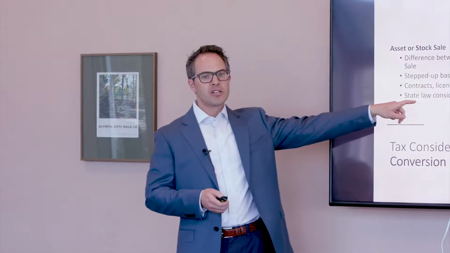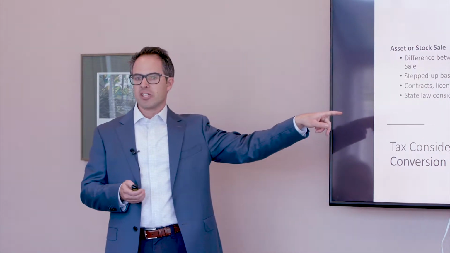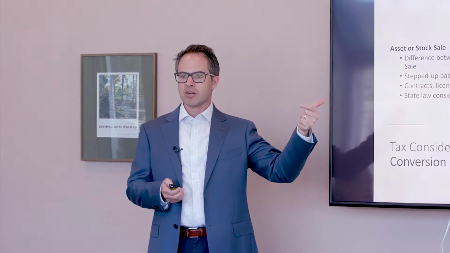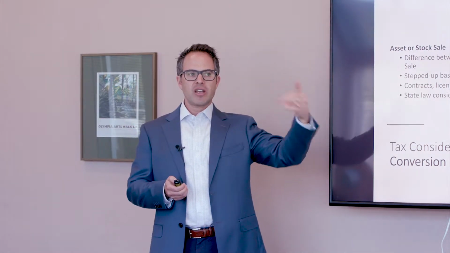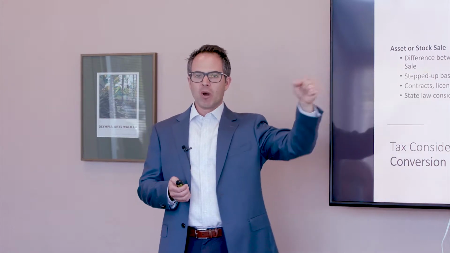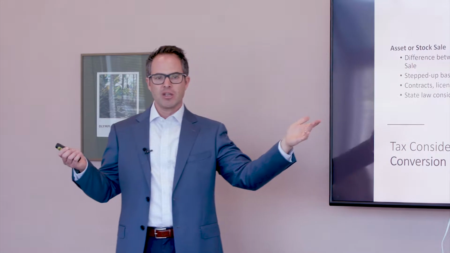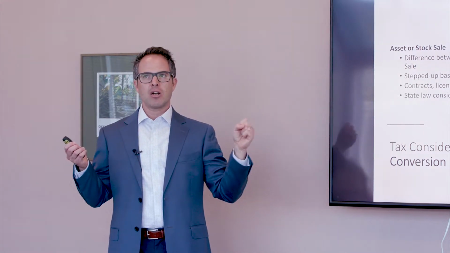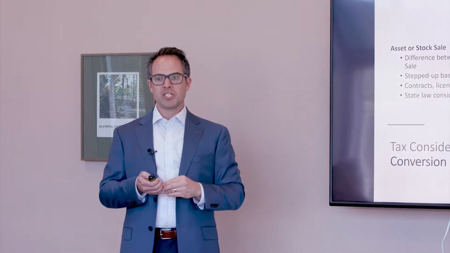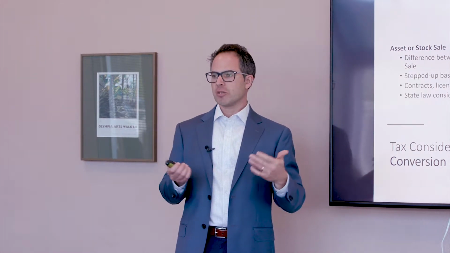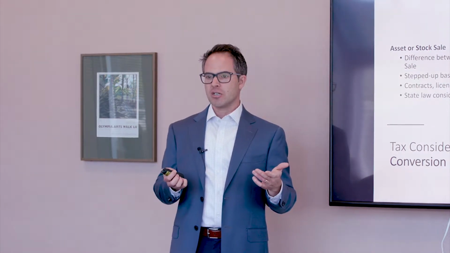The other is state law considerations. In some states, like New York, you can't actually convert one entity type into another. You can't actually tell the Secretary of State, we're an LLC now, but we want to become a cooperative, we want to file articles of conversion. You can't do that in New York. I think there are 22 states in which that's the case. There's about 27 states or so that allow for something called a statutory conversion.